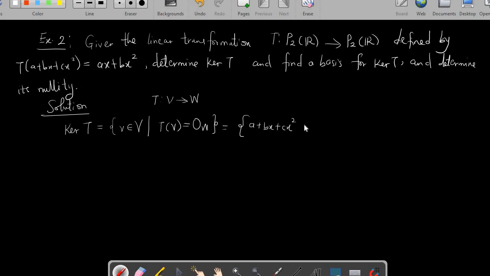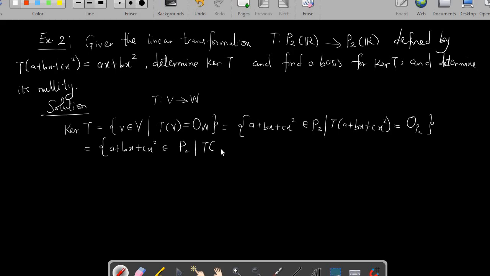It must be an element of P2 such that T of a plus bx plus cx squared must be equal to the zero polynomial of P2.